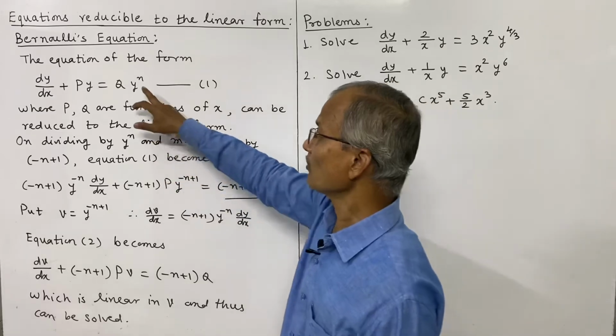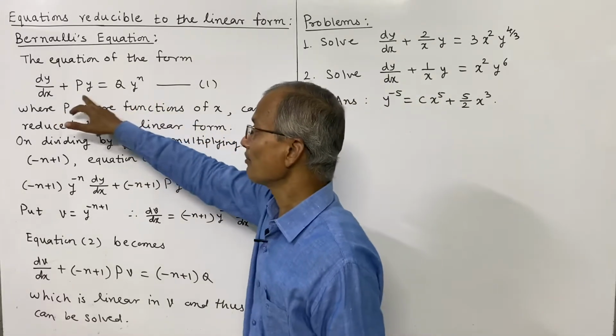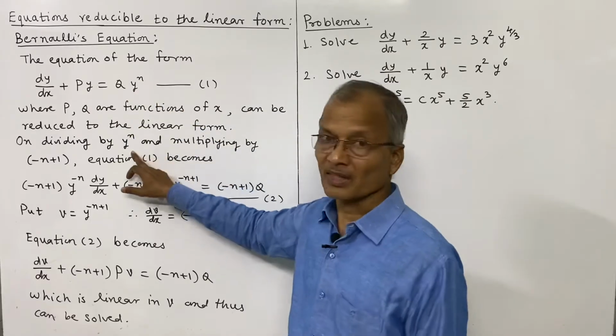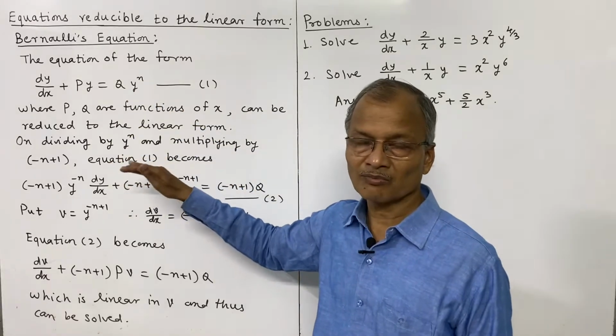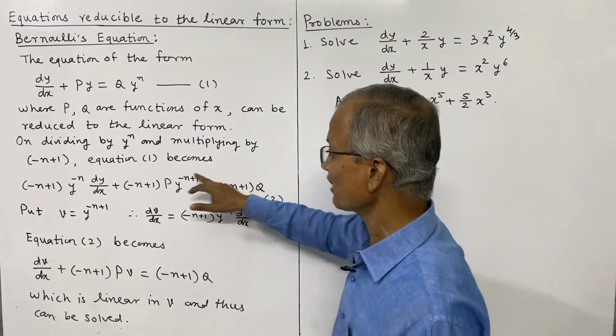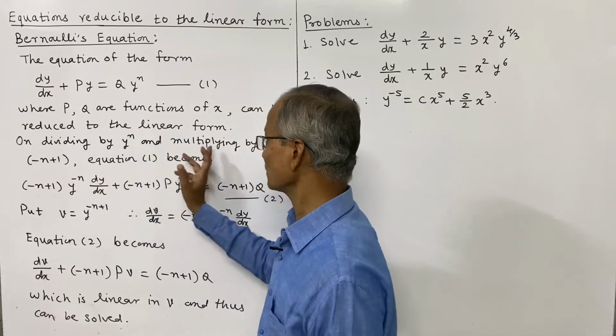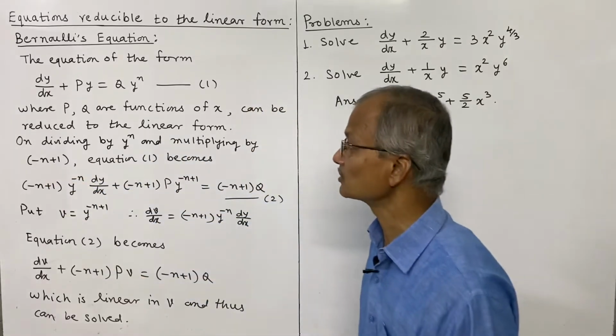So we want to eliminate this term, and for that purpose we divide throughout by the term y^n, that means we multiply by y^(-n), and at the same time we multiply the equation by the term (-n + 1), which is constant.